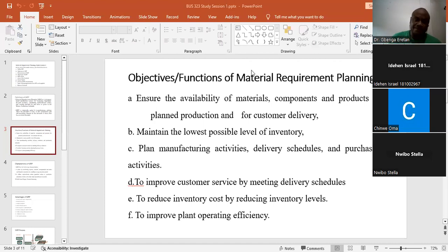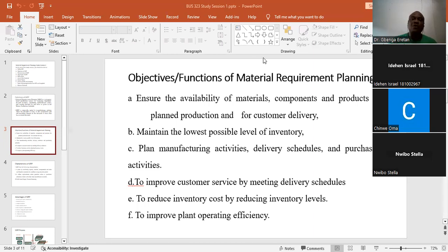So with the use of material requirement planning, you'll be able to maintain the lowest possible level of inventory. And when you maintain the lowest level of inventory, you are not going to have excess stock in your warehouse, thereby tying down your capital. You'll be able to balance the level of stock in your warehouse.